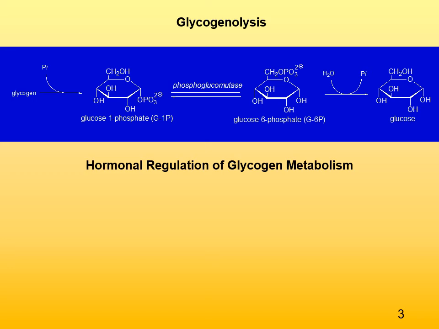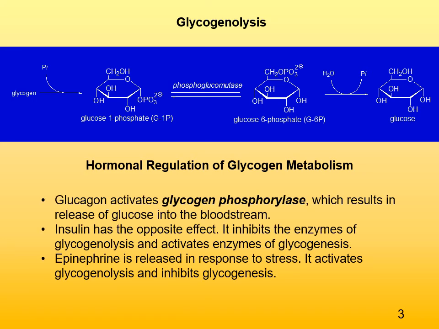Glycogen metabolism is mainly regulated by hormones. And hormones that are involved in glycogen metabolism are glucagon, which activates enzyme glycogen phosphorylase that results in release of glucose into the bloodstream. Glucagon is pancreatic hormone. It's a small peptide and its main catabolic hormone.